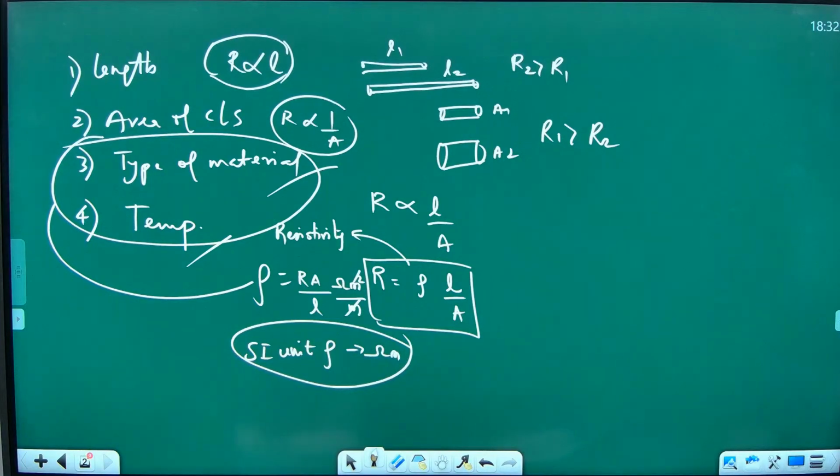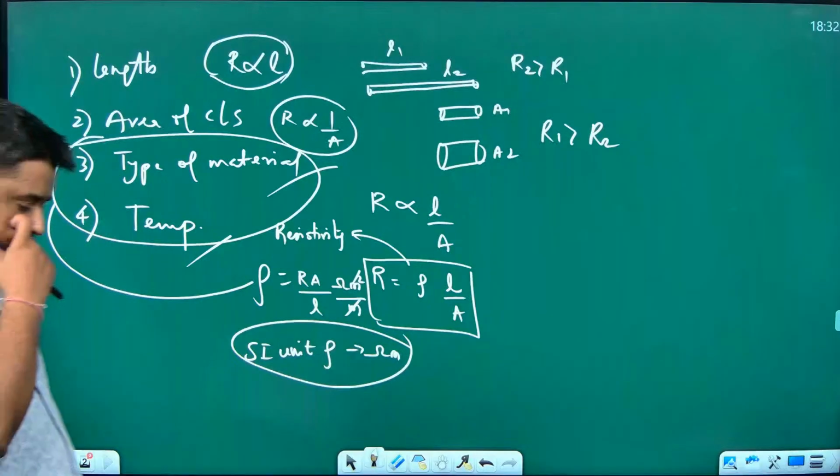Tell me fast. If it is compressed to half its radius, give a try.